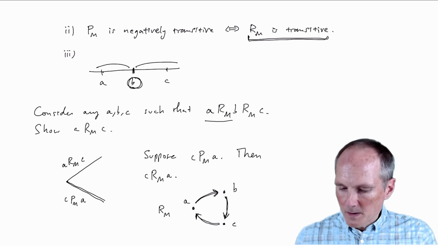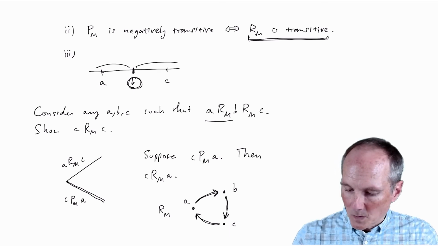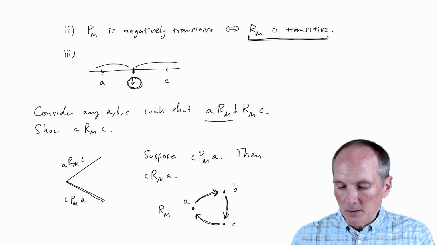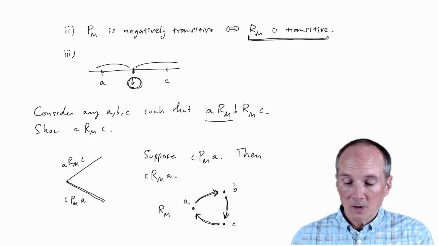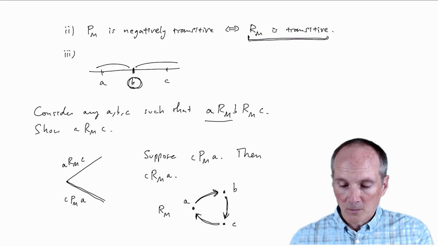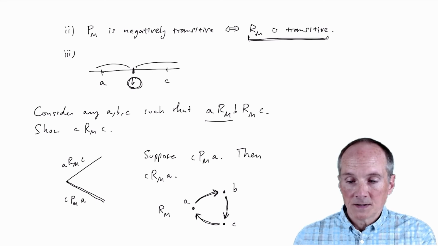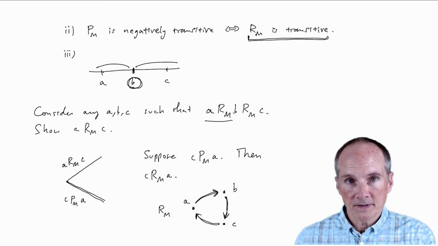So I want to argue that there's some alternative. Well, let me put it this way. We have three alternatives, A, B, and C, on the line somewhere, on the real line. One of them is in the middle. I don't know if it's A or B or C, but whichever one it is, I'm going to argue that there's some voter who has that either at the bottom or tied at the bottom of these three alternatives.